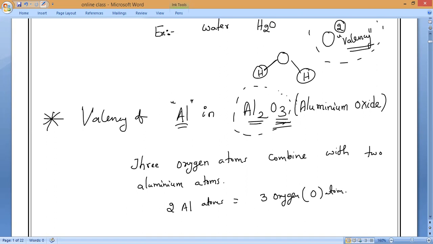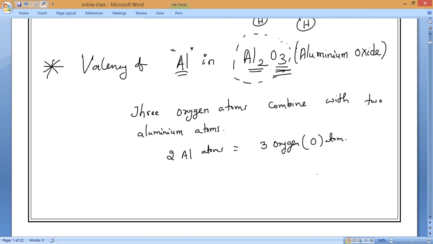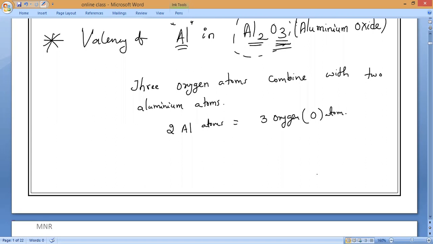Now I want the number of oxygen atoms for one aluminum atom. 2 aluminum means 3 oxygen. I need only for one aluminum atom. So then how many? 3 by 2 oxygen atoms. Is it right or wrong? Yes, sir.